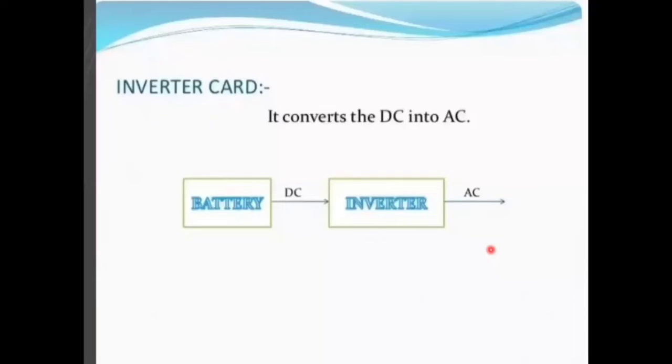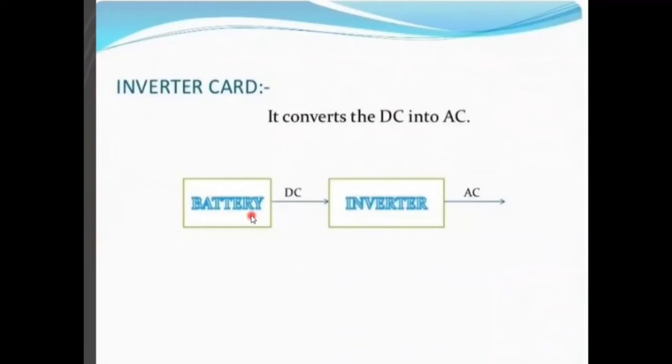Okay. Then comes the inverter card. The inverter card converts the DC into AC. The rectifier part converts AC to DC, but the inverter card is used in UPS to convert DC into AC.